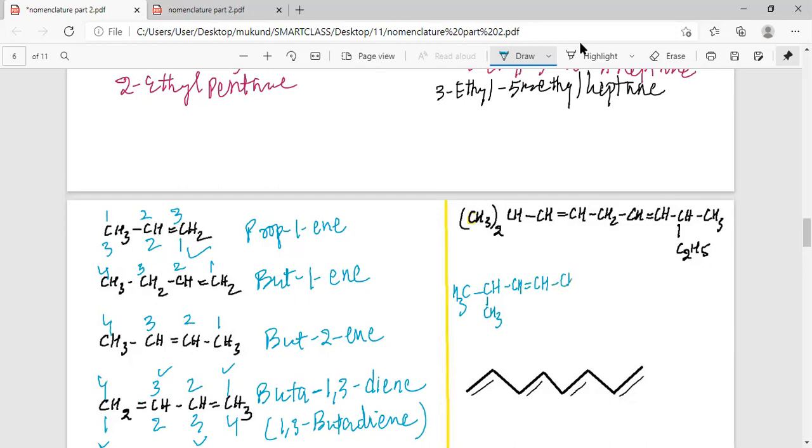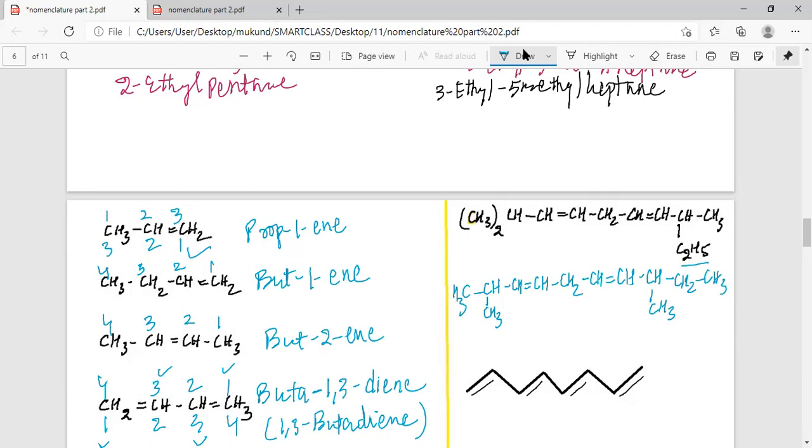Then we have CH2. Then we have CH, which is again doubly bonded with another CH. Then this C2H5, we will write as CH2, CH3. And this methyl group we will write as a branch. So this is the compound.